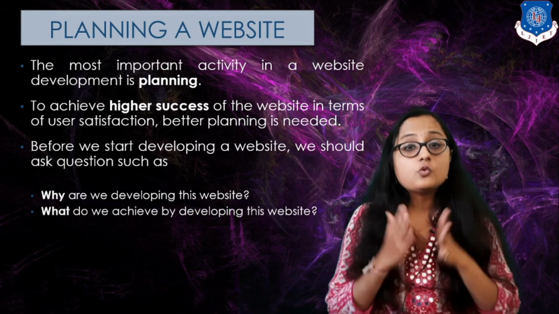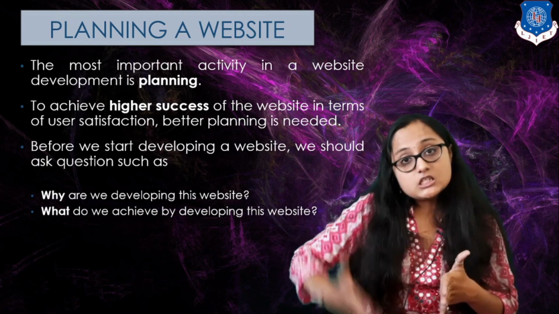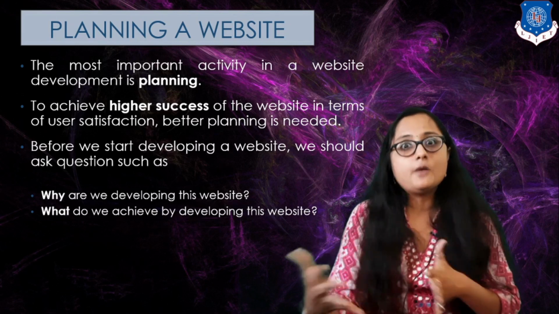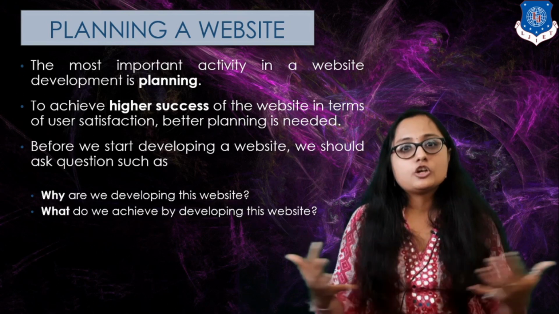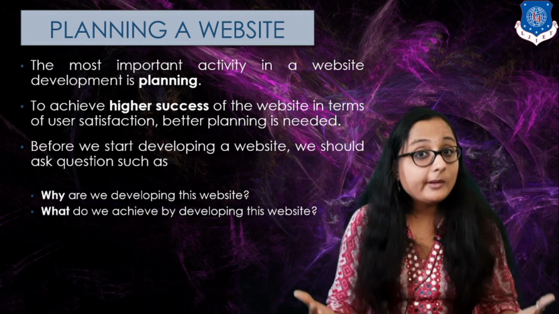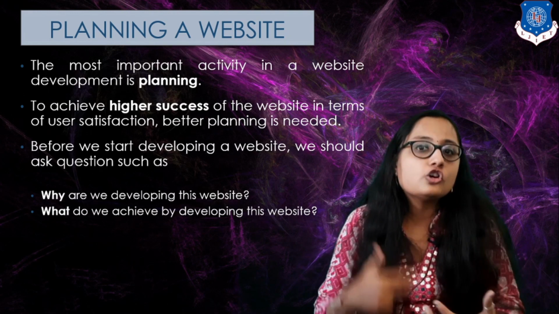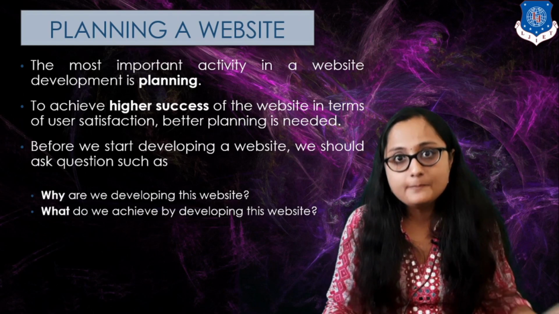The next is, what do we achieve by developing the website? Answering this question gives us the actual output of developing this website. For example, you are developing a college website. Obviously, your college will have its presence on the World Wide Web.